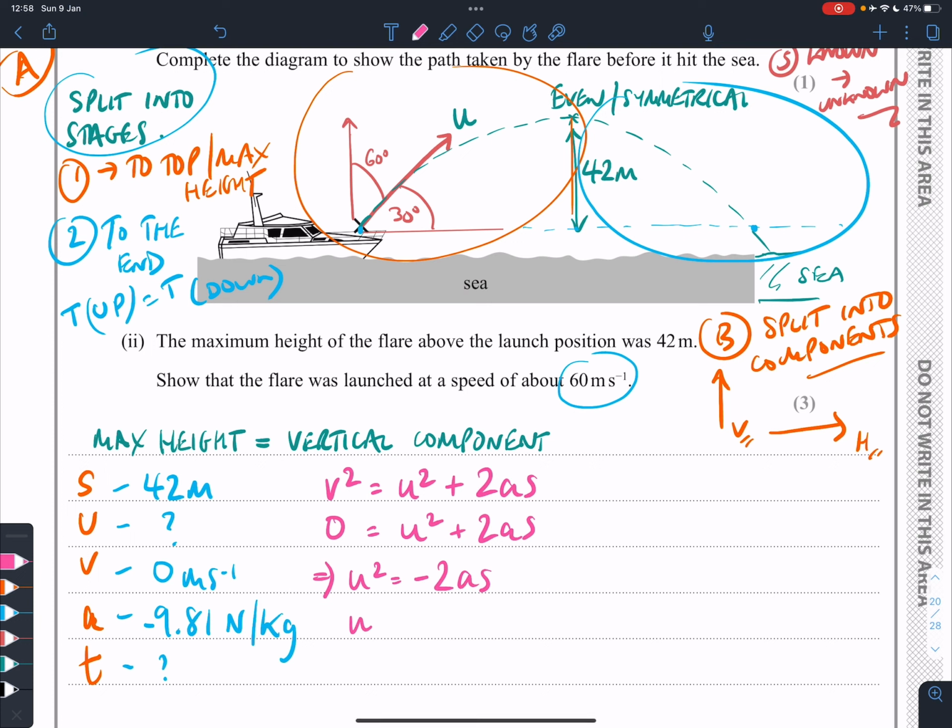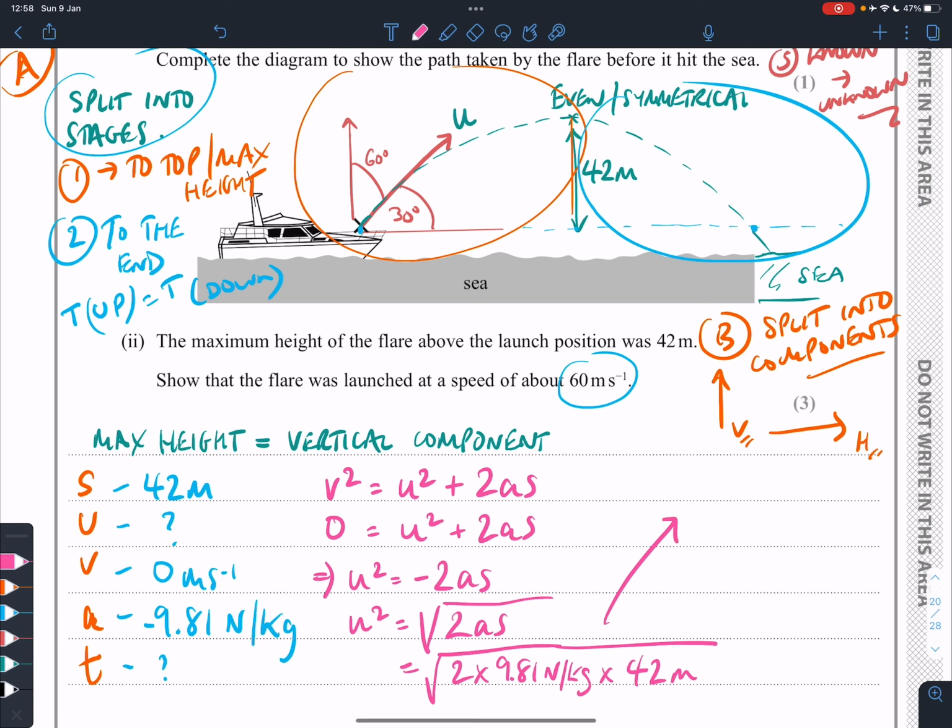Luckily this A is negative, which means that this negative disappears. So U is equal to the square root of 2AS, which is the square root of 2 times 9.81 newtons per kilogram, times the distance, which is 42 meters.